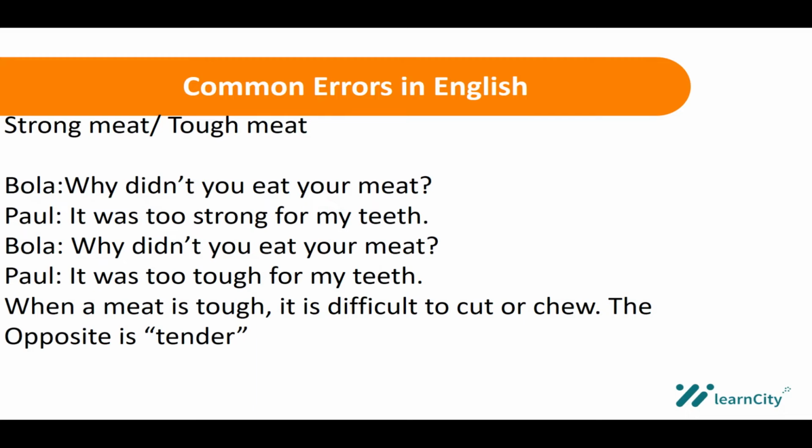Strong meat or tough meat. Which would you rather say? Would you say tough meat or strong meat? Look at this example. Why didn't you eat your meat? It was strong. Or why didn't you eat your meat? It was tough.